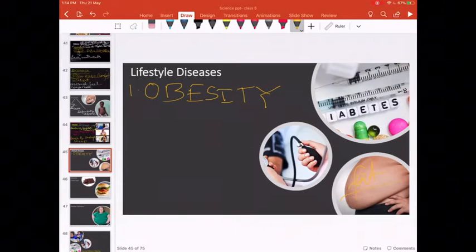And also diabetes. Diabetes, as I said previous day, is increase of sugar level in our blood. And the third thing, high blood pressure. We say it as BP.